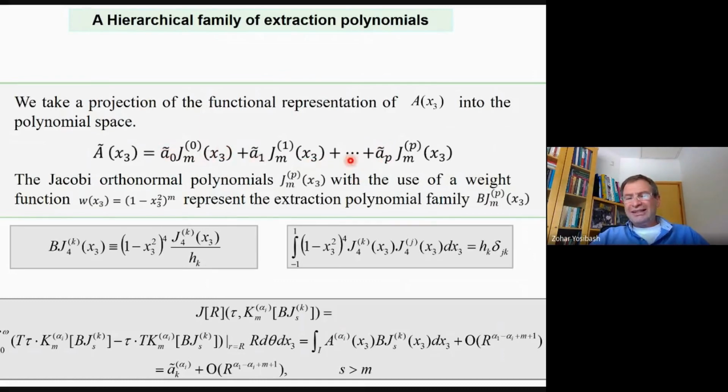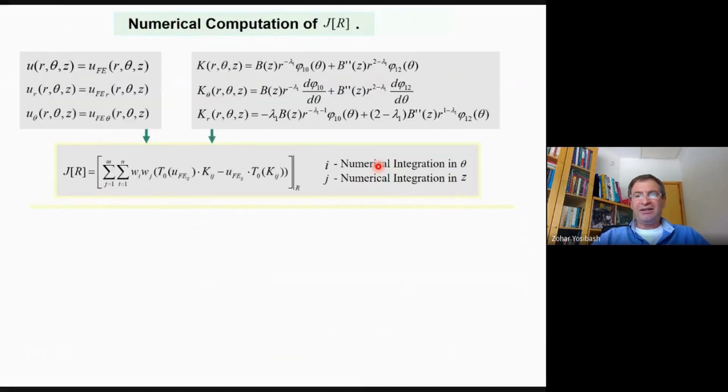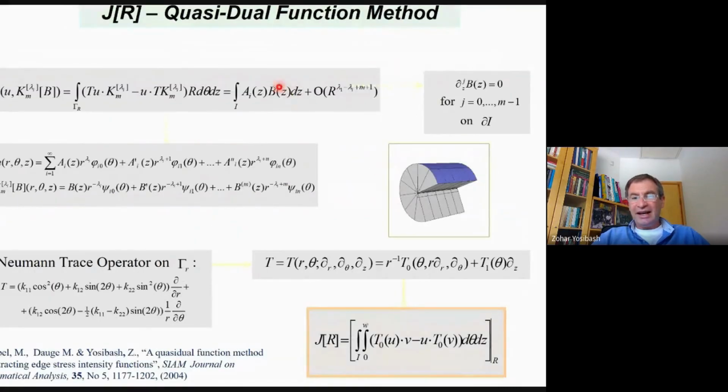So how do I get these numbers? For this, I go back and I remind you that I have to specify what is this b. You remember I said I have to take here a b, which I choose. It's my choice of b, because this b would determine for me the dual solution. I can put here any function which I want.